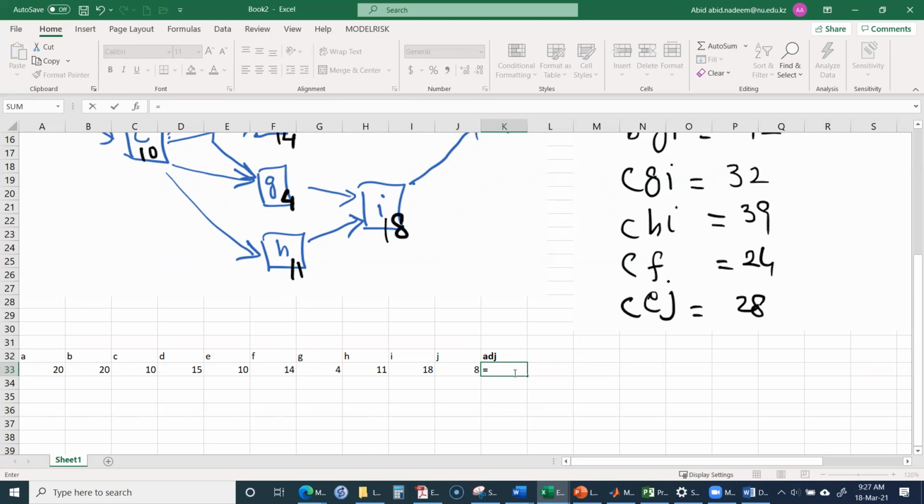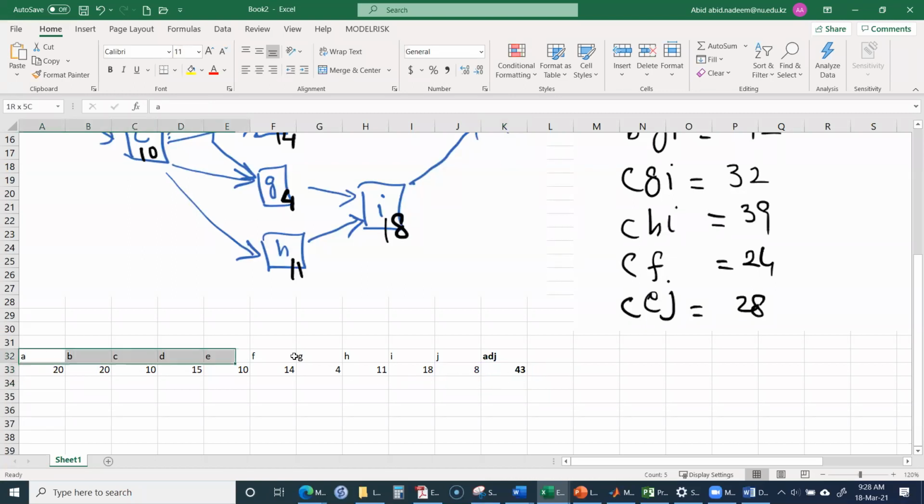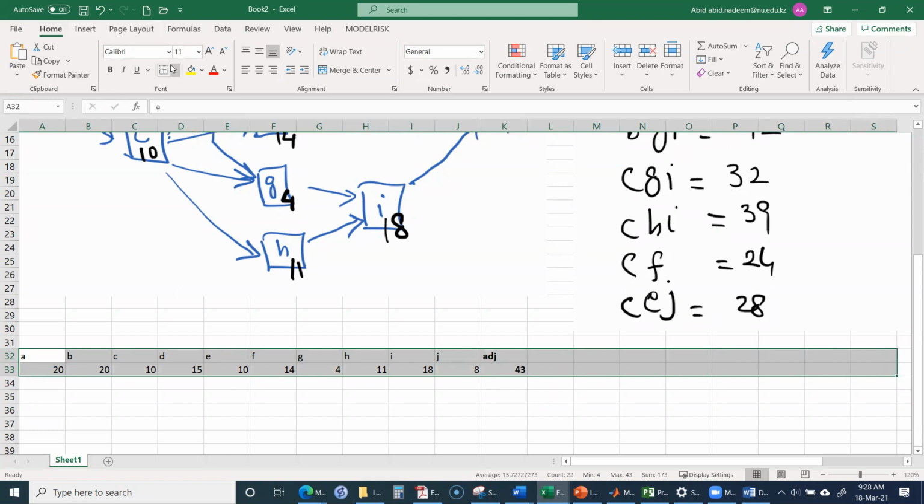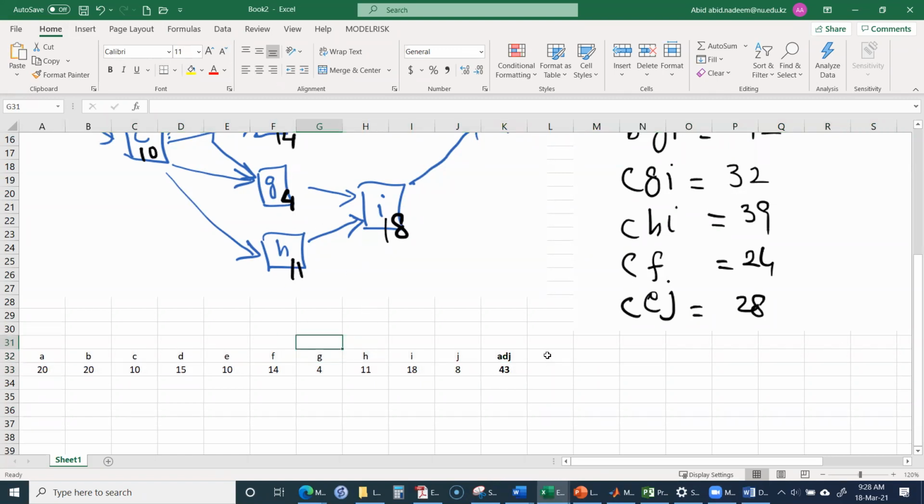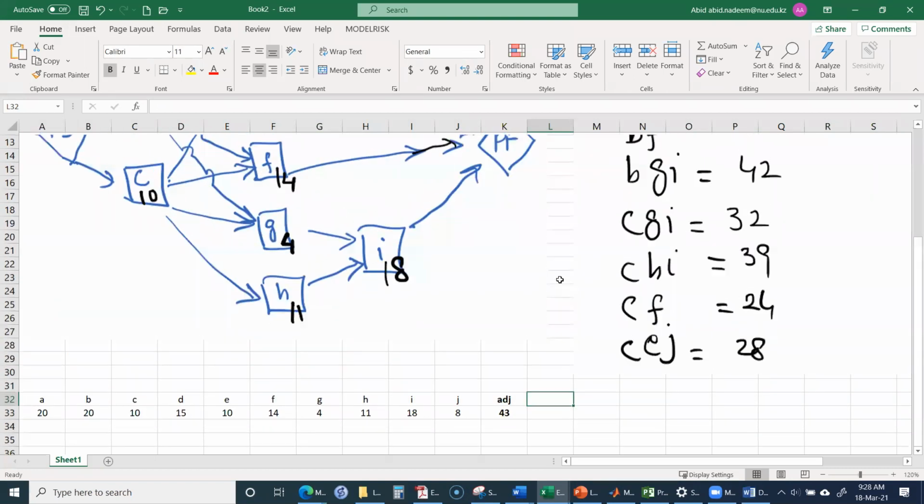For ADJ, the length of the path is A plus D plus J. J is here. Let's make them centered for better readability. So one path, ADJ, is 43.